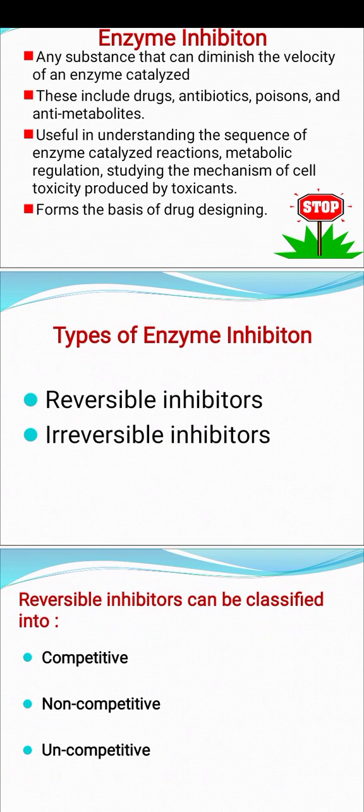The types of inhibitors are reversible inhibitors and irreversible inhibitors. These are the two inhibitor types. The reversible inhibitors can be classified into three types: competitive, non-competitive, and uncompetitive.